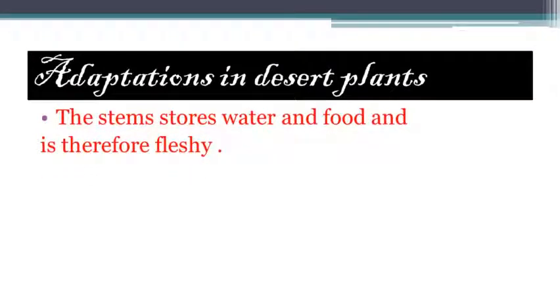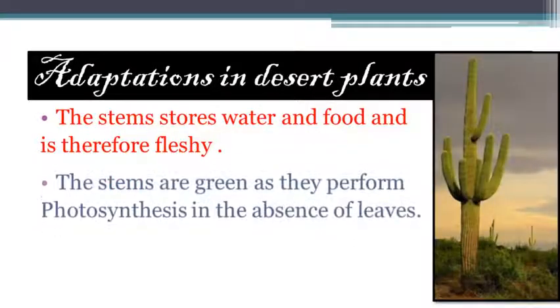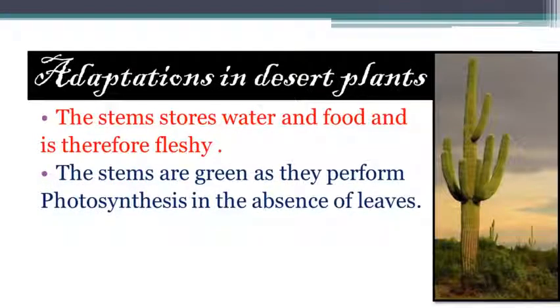The stem stores water and food and is therefore fleshy, and the stems are green as they perform photosynthesis in the absence of leaves. Now what is photosynthesis? It is a process by which plants prepare their own food in the presence of sunlight.